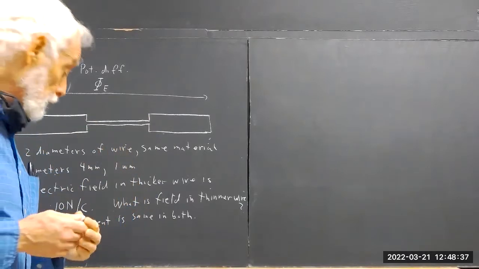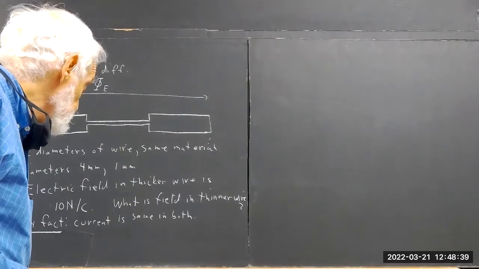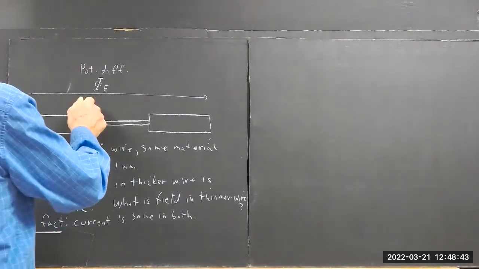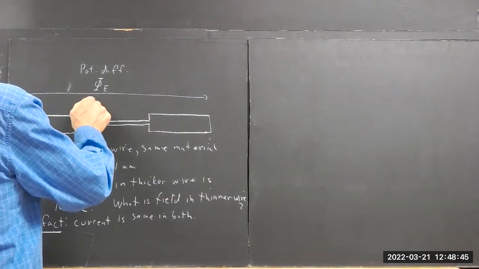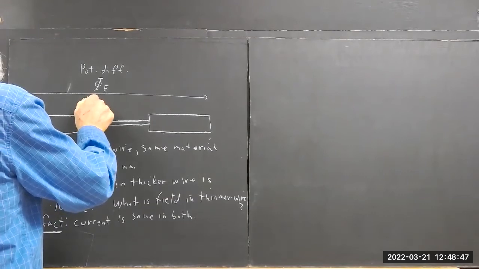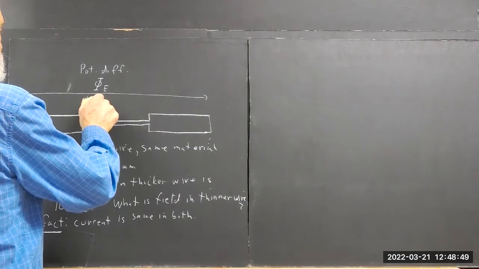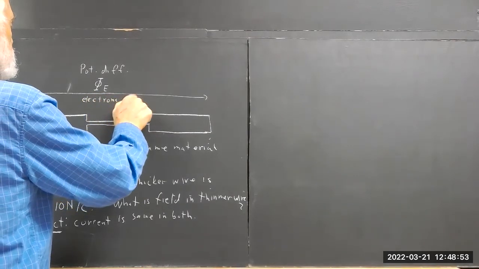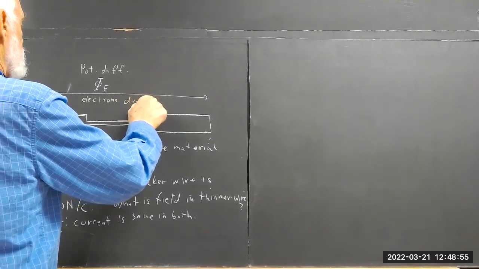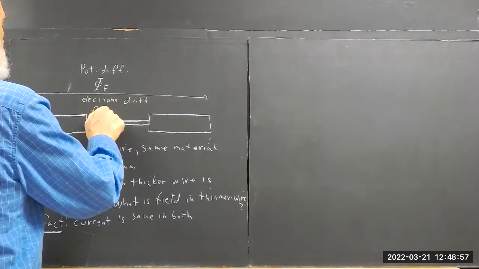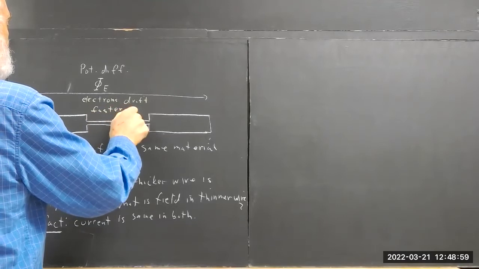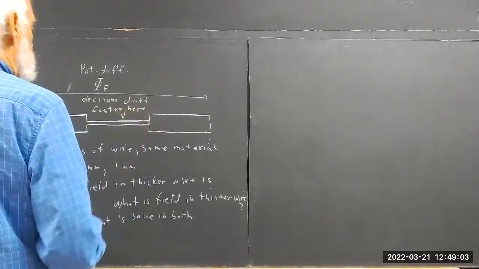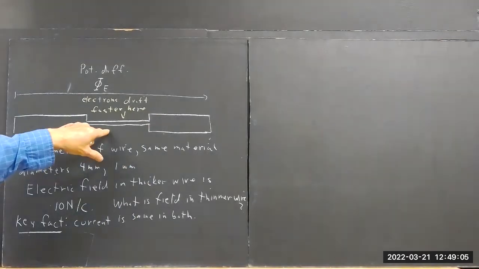So we can say, electrons drift faster here.